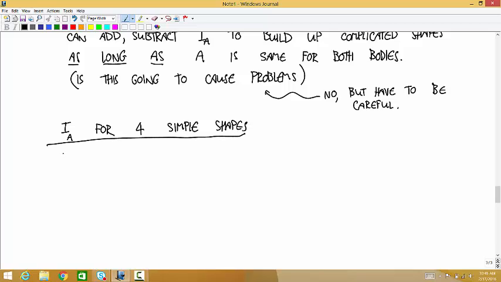Okay, so the first one is a slender rod. The cross-section shape can be anything. I have it drawn as circular, but it can be rectangular, triangular, whatever. It doesn't matter.